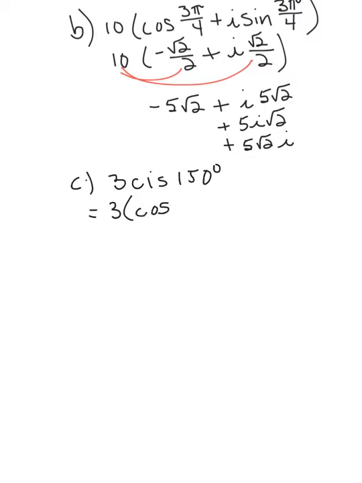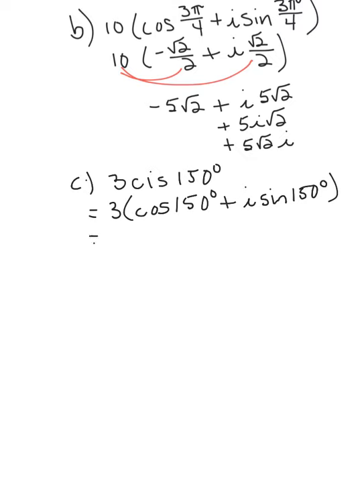So it's cosine. The angle is 150 degrees. It's always plus. The I is for the imaginary I, and then the S stands for sine of the angle we are given, 150 degrees. Those two expressions mean exactly the same thing.